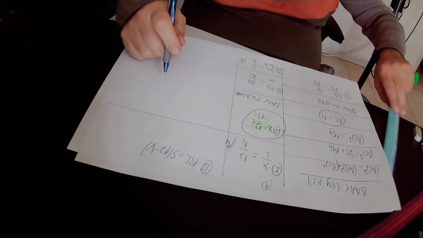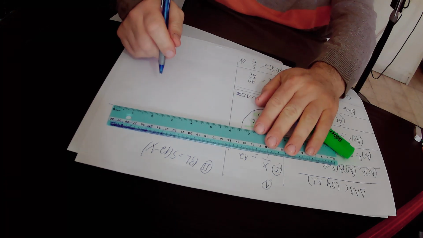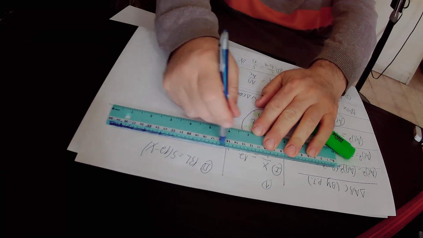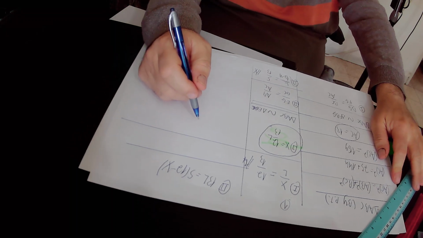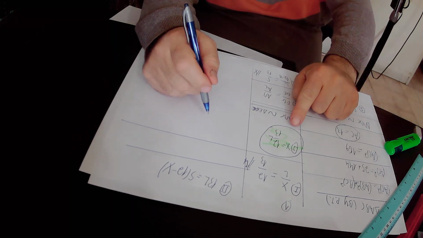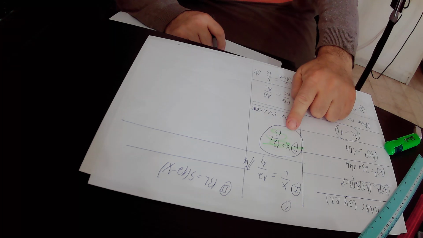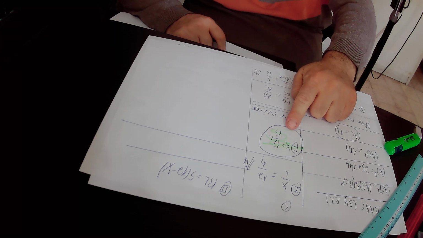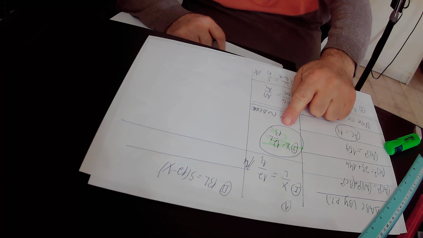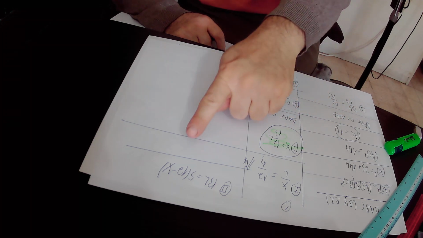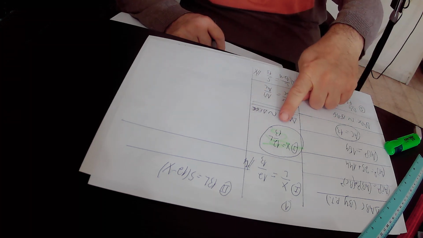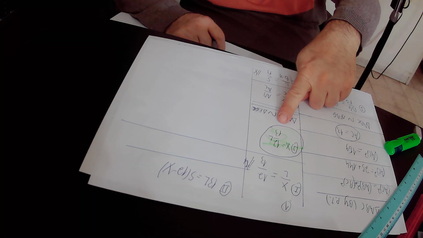Okay? So we already found out that according to equation 1, X equals 12L over 13. So you can substitute X in equation 2 by 12L over 13.